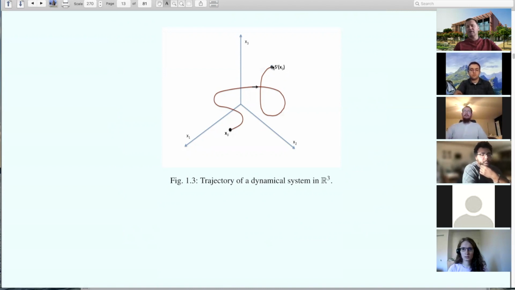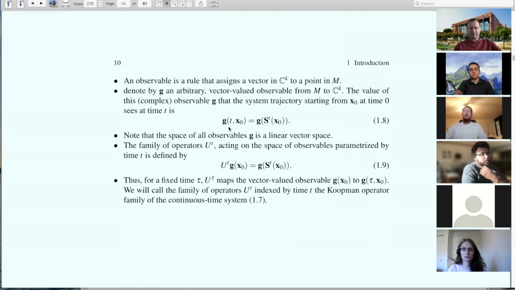At time T, the value ended up being -1. So basically, for those of you that have background in fluid mechanics, it's called a Lagrangian point of view, right? You're following the trajectory and labeling the value of what you're observing with the initial condition.